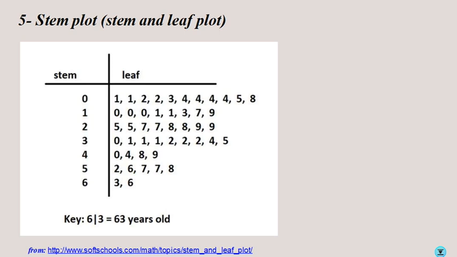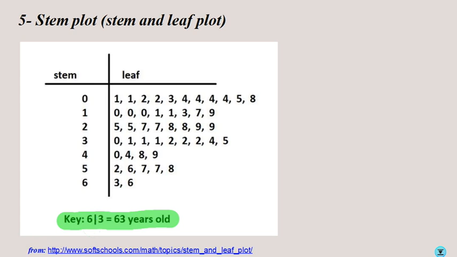Finally, we call this a stem plot or a stem and leaf plot. Let's say that this represents the ages of people at a birthday party. The most important point to remark is that you have a key here, which is 6-3 represents 63 years old.